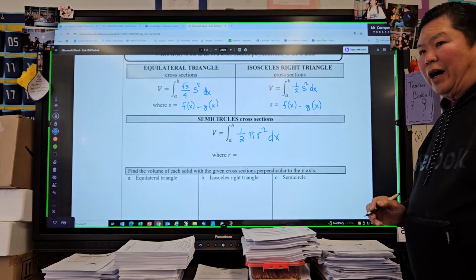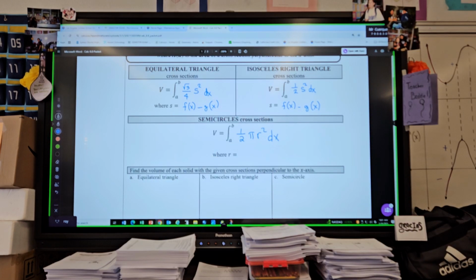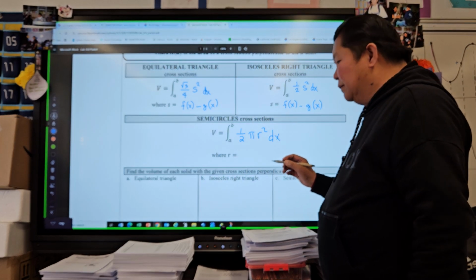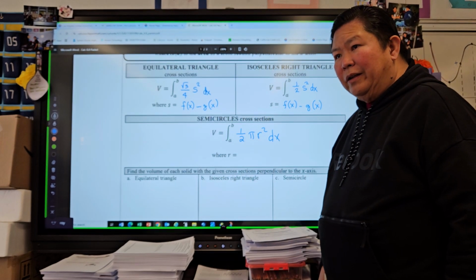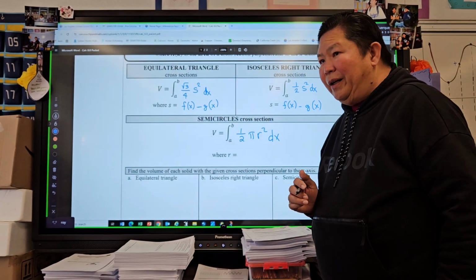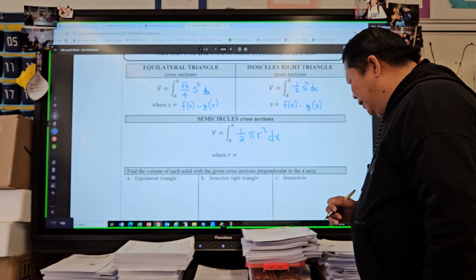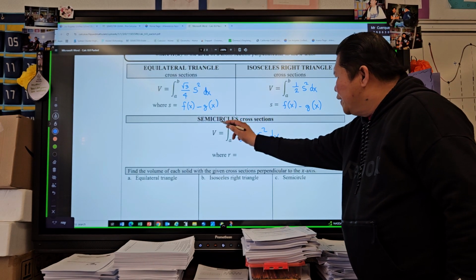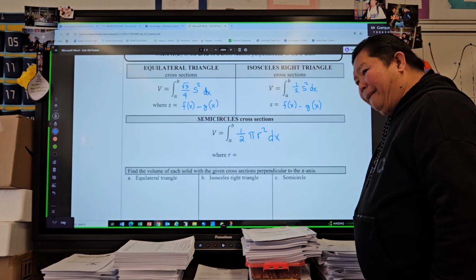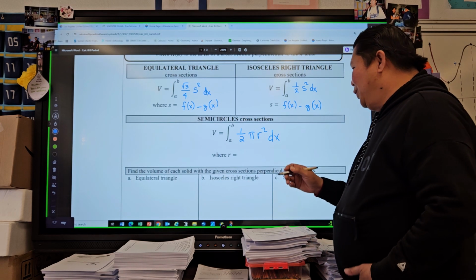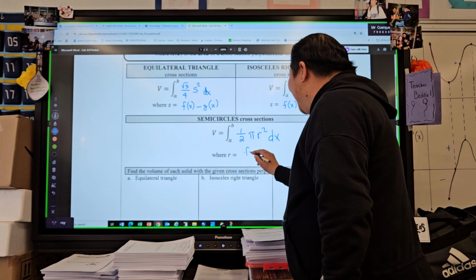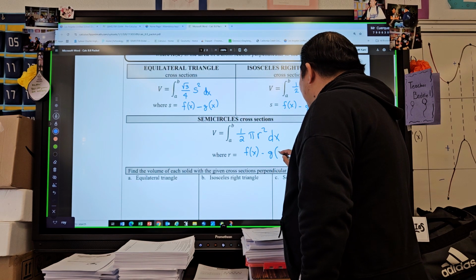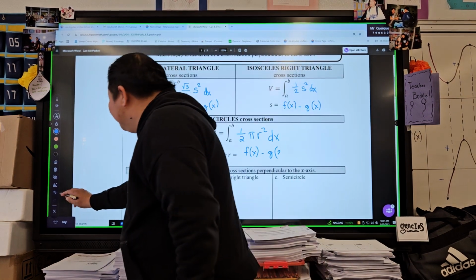And where r is what? What do you think is r? Radius. The radius is f of x minus g of x, over 2. Since we are on semicircle, we have the radius over 2. Okay, sorry.